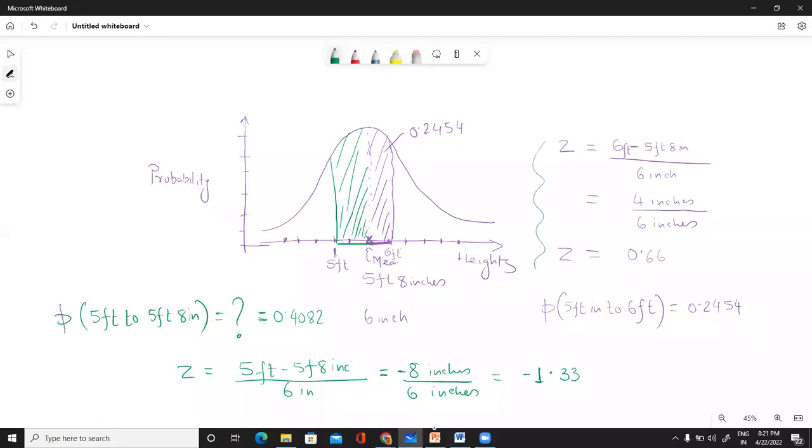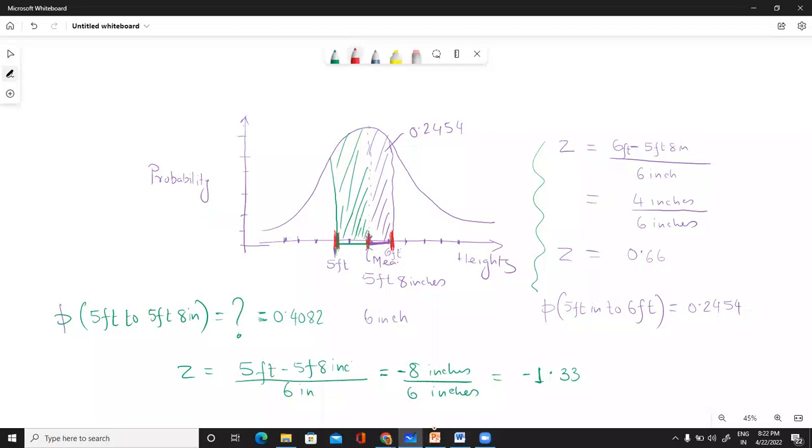We did the Z value only one time, because it was just from the mean to that value. Now we have from another value, 5 feet, till here. So we do that in two parts: 5 feet to 5 feet 8 inches, and then 5 feet 8 inches to 6 feet. So two times we'll have to do the whole procedure.